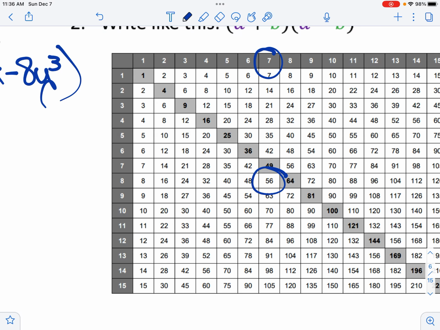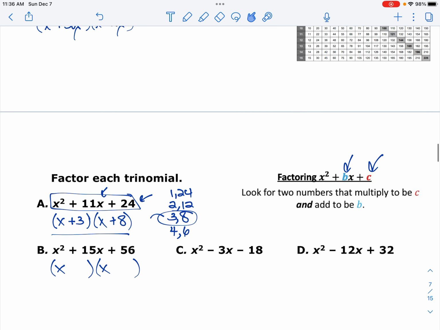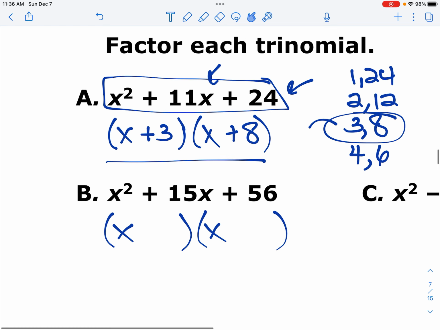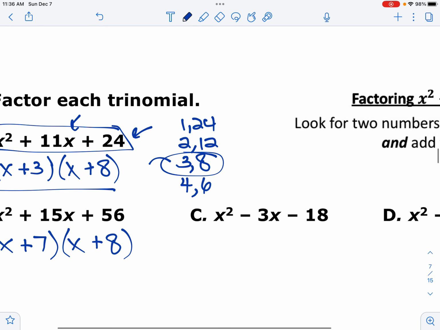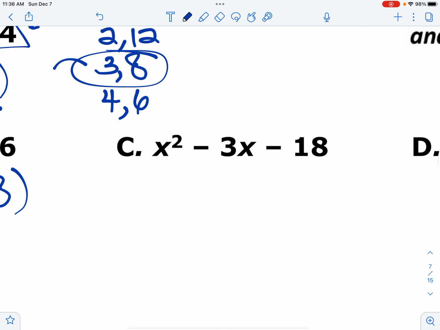What numbers multiply to be 56? 8 and 7. And does that also add up to be 15? Yeah, 8 plus 7 is 15. So this would be x plus 7 times x plus 8. Okay, then you also have to be careful because sometimes there are negatives involved, and that does matter.